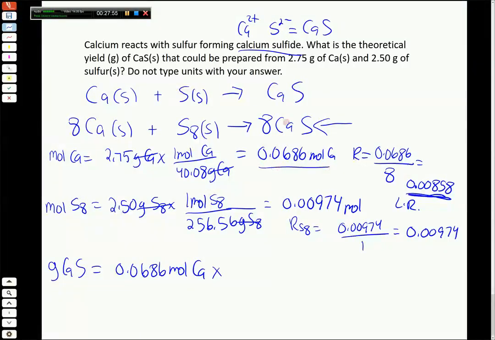Okay, so from the coefficients, we have 8 moles of calcium sulfide per 8 moles of calcium. And what we're looking for is grams of calcium sulfide. So we now need to multiply by the molar mass of calcium sulfide, which is just the sum of the two atomic masses, 72.15.